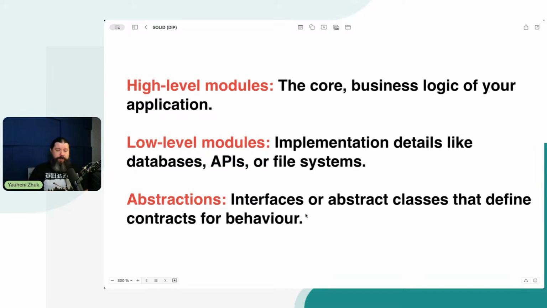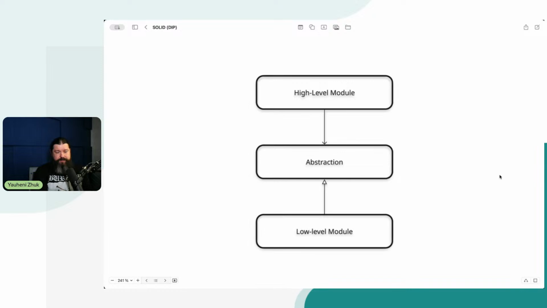And what are abstractions? Abstractions are interfaces or abstract classes that define contracts for behavior. When I think about it, I always imagine this diagram. We have high-level modules, we have low-level modules, and abstractions between them.